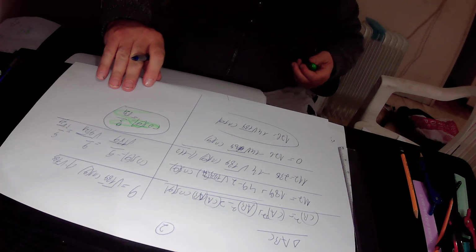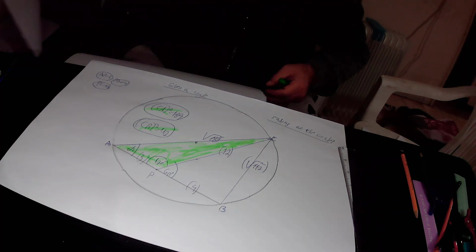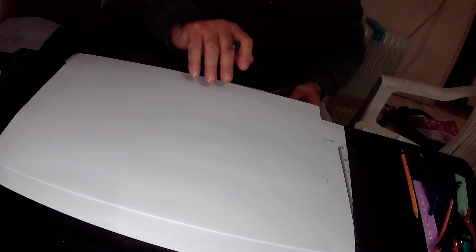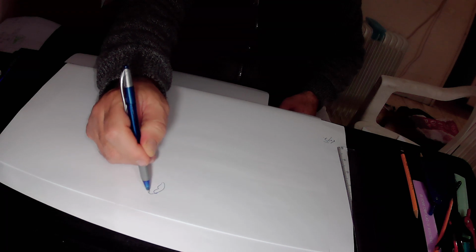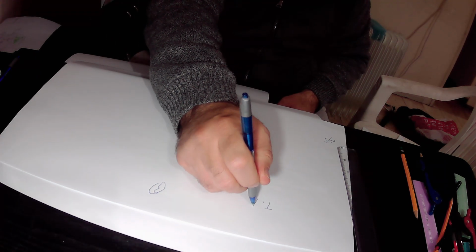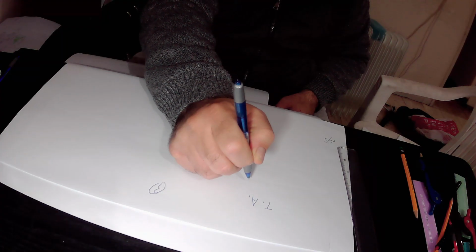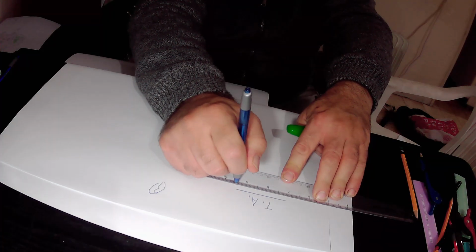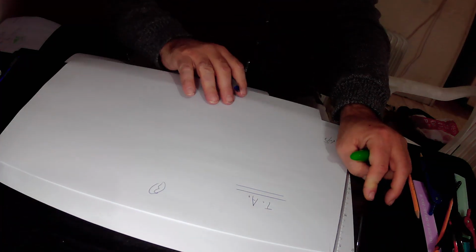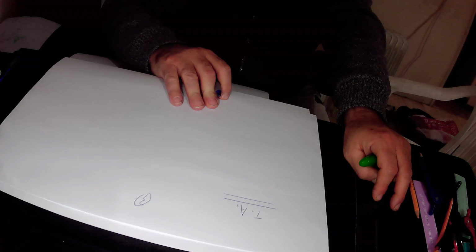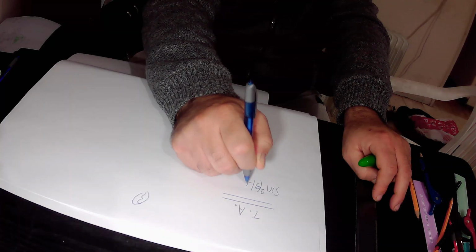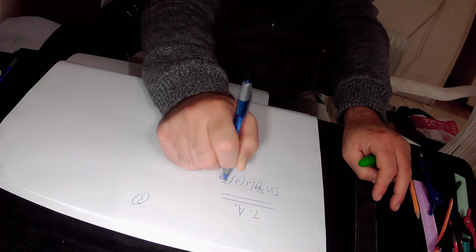In the next step, we implement the trigonometric identity. We implement the following trigonometric identity in our question. The trigonometric identity is as follows: sine square alpha plus cosine square alpha equals 1.